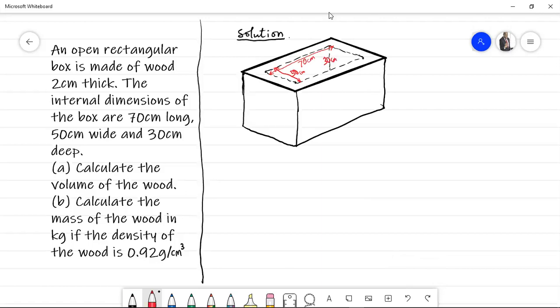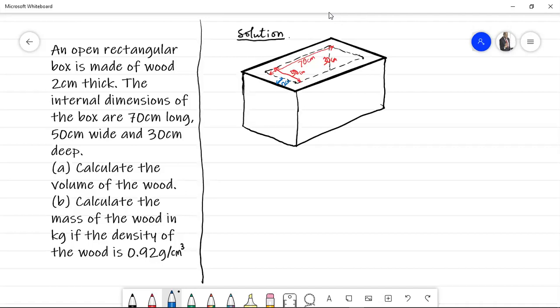Okay, so it is very important for us to quickly take note of the fact that the box has a thickness of 2 centimeters. Now that means that from this edge to the internal, there's a thickness there, and that thickness is 2 centimeters.